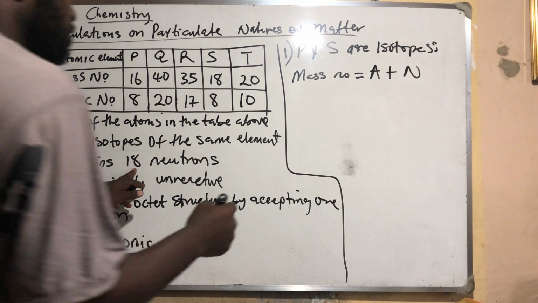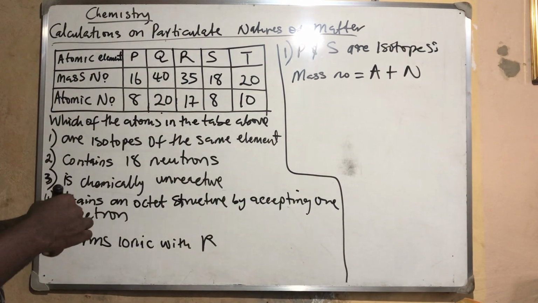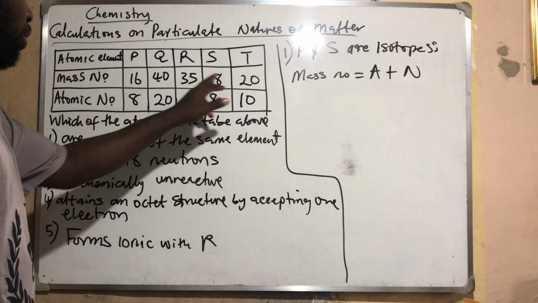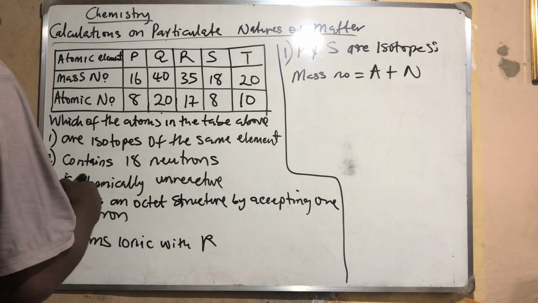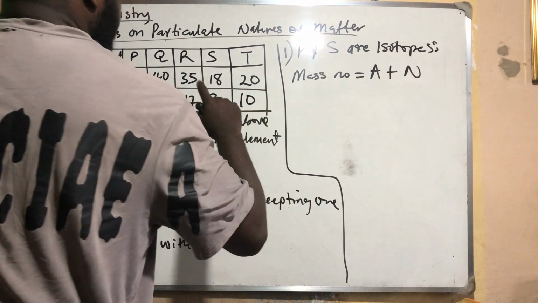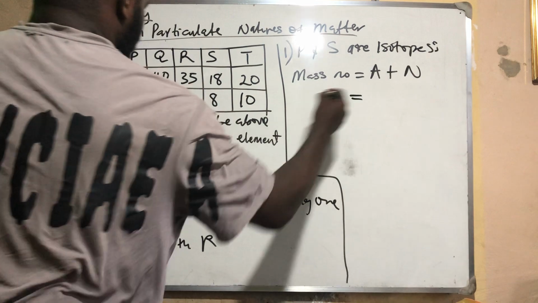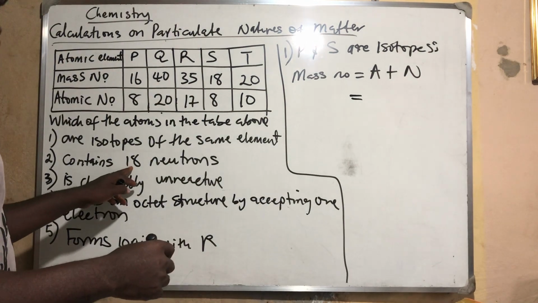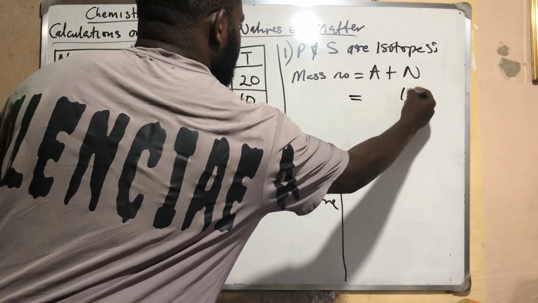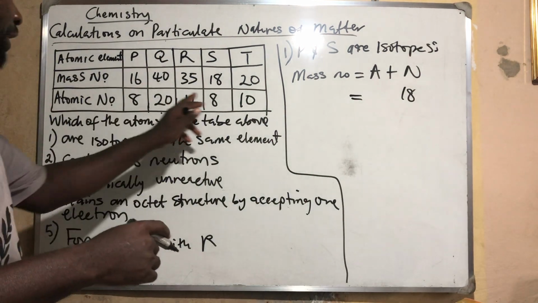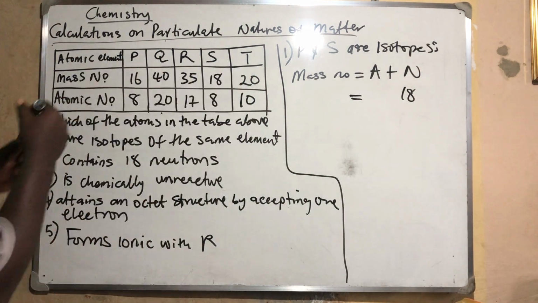How do you get the one that has 18 neutrons? If the neutron number is 18, what do you add to this 18 in any of these atomic numbers to give you the same thing as the mass number here?